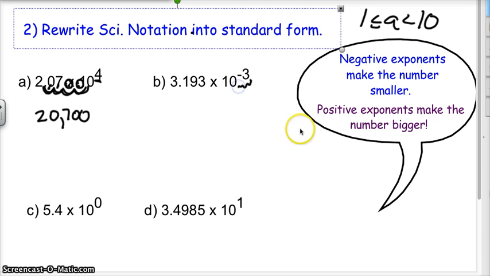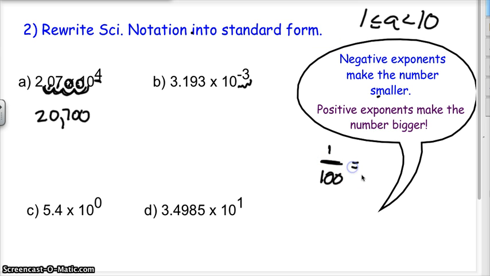Negative exponents make numbers smaller. Think about what negative exponents do with our exponent rules. Negative exponents make fractions. Well, fractions, if you were to consider, for instance, the number 1 over 100, that can be converted to a decimal. So even though negative exponents make fractions, fractions make decimals, which is why this idea of a negative exponent represents a small number.